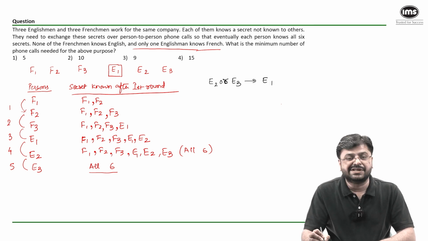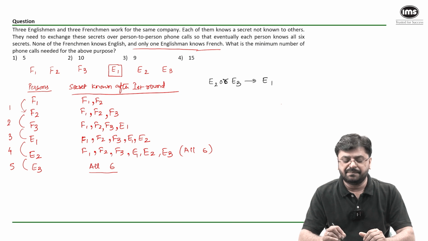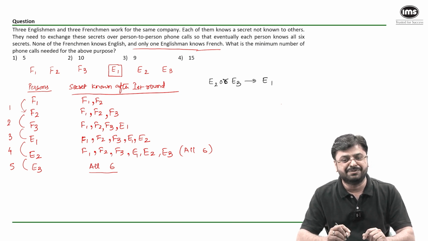Now, E1 will also know all 6 secrets because E2 and E3 know all 6 secrets, so they'll be sharing it with E1. And E1 is the only one who knows French, so only he can share it with the French people.